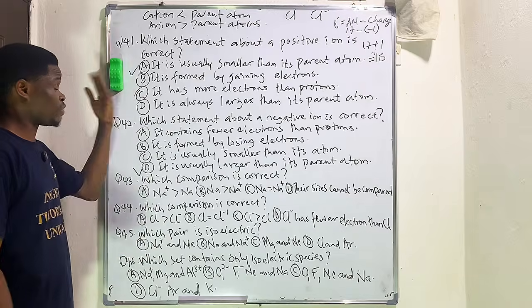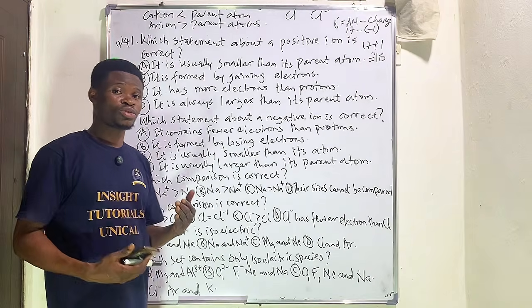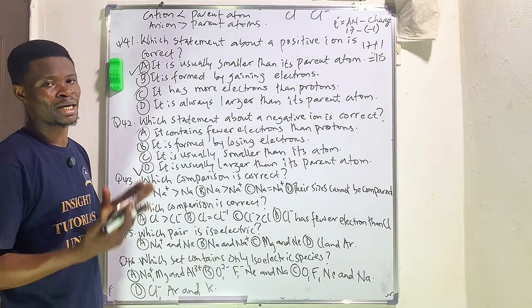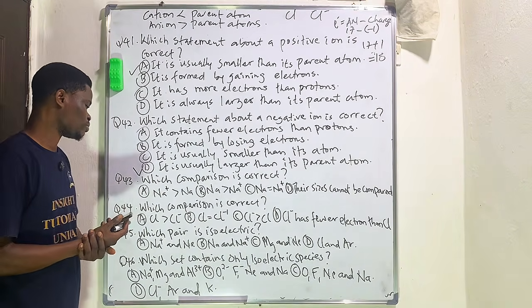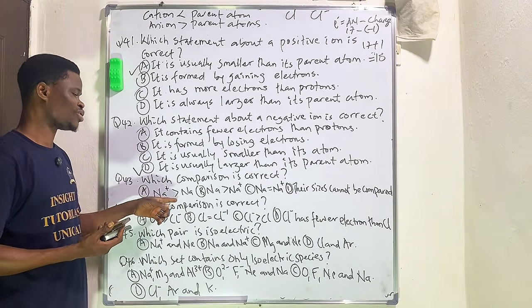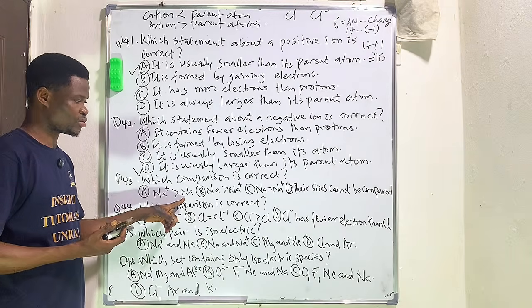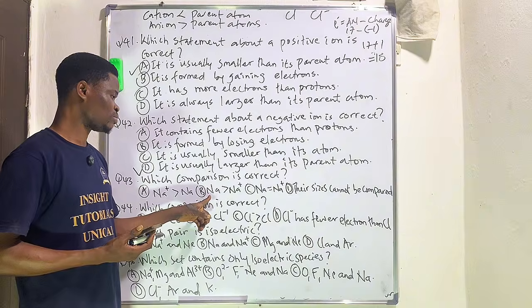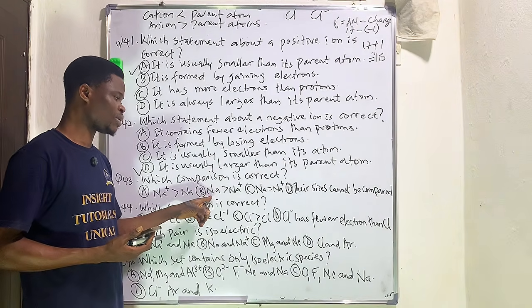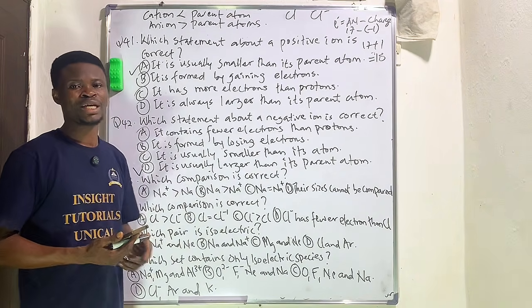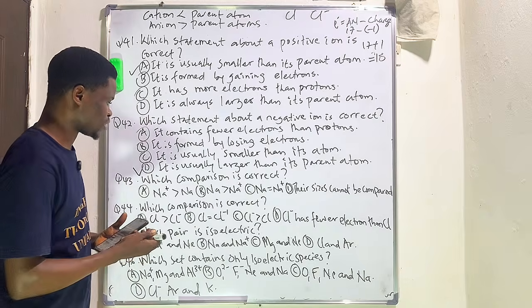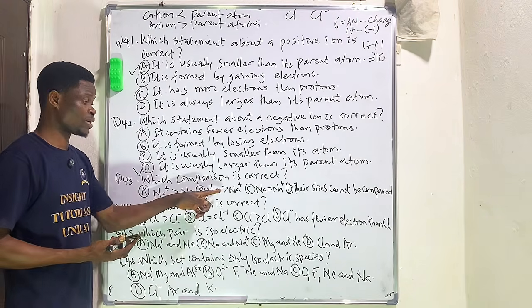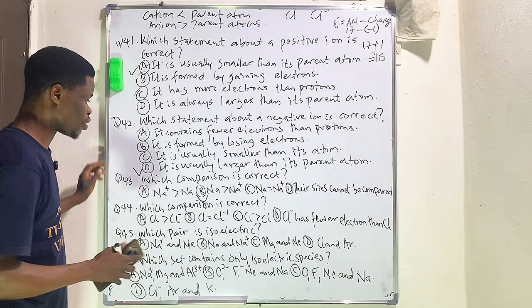It's obvious from what we've explained that ions that are electropositive are small compared to their parent atom. So sodium ion is not greater than sodium atom. This is wrong. Sodium atom is greater than sodium ion. That's correct. You have to take cognizance of that.